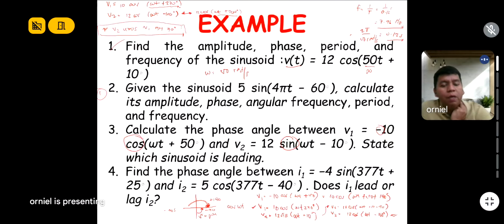This is how to get the phase angle difference between the two waveforms.